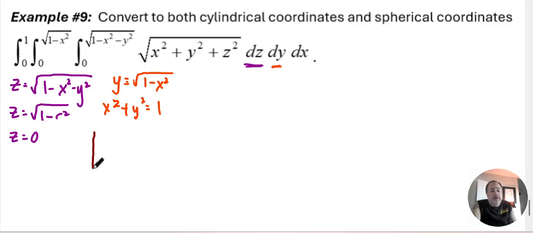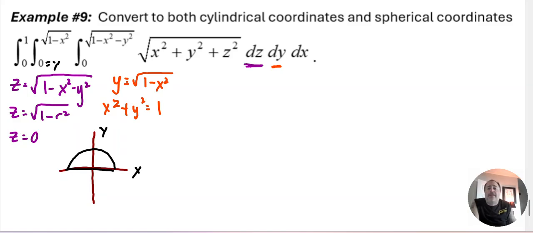We do want to be a little careful, as we have discussed in previous videos, that we're looking at the positive square root of 1 minus x squared. So if this is the x-axis and the y-axis, we're going to look at the semicircle that's bounded at the top by the positive square root of 1 minus x squared. And also, our bottom is going to be y equals 0 that we see right here. So we're bounded exactly as we see as our semicircle.